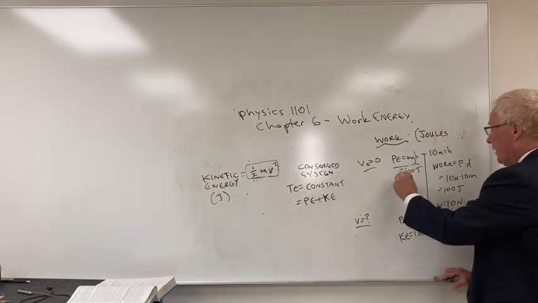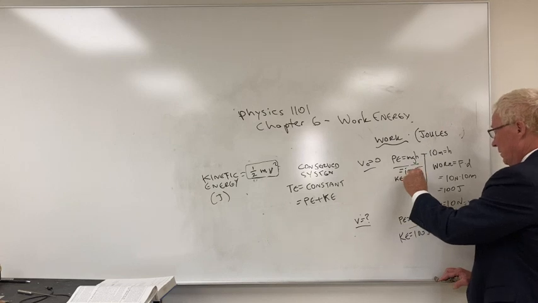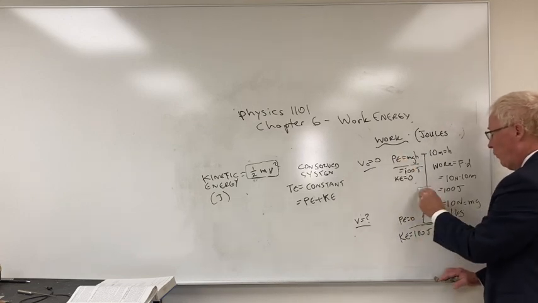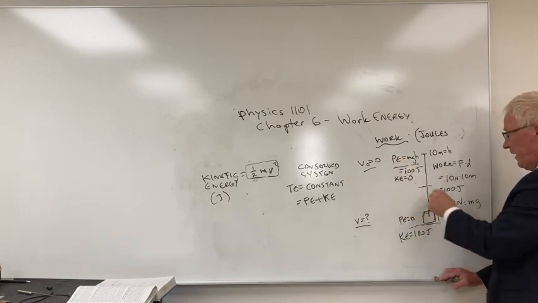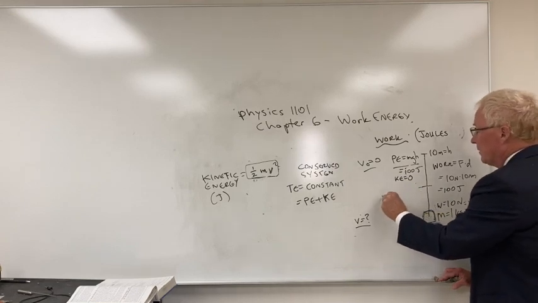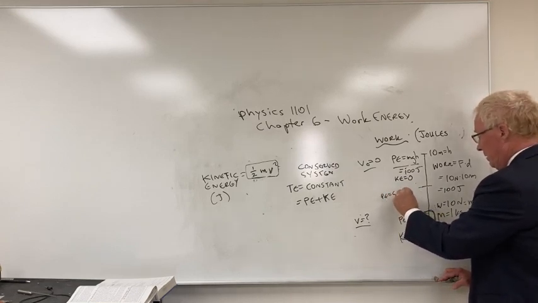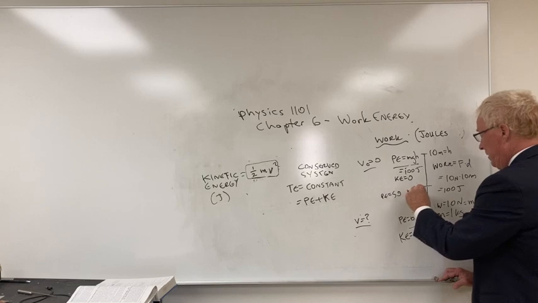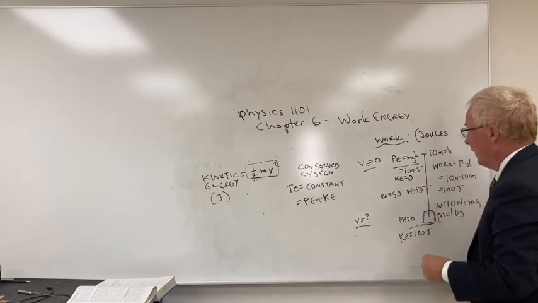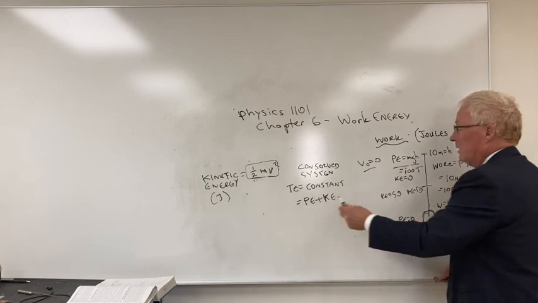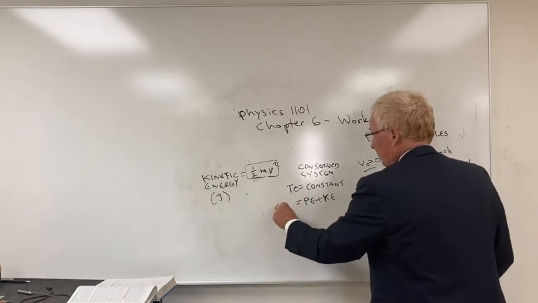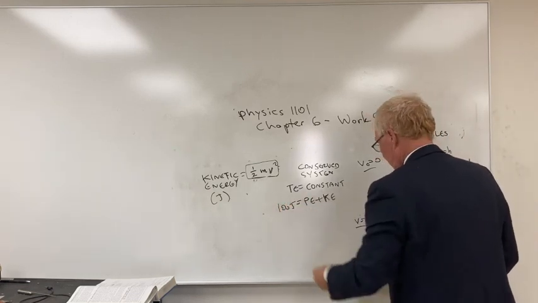Up here, the kinetic energy is 0, because it was all stopped. Halfway down, at 5 meters, the potential energy is 50, kinetic energy is 50, but the total energy stays constant, which would be 100 joules.